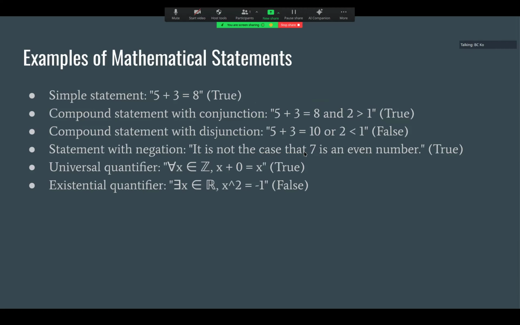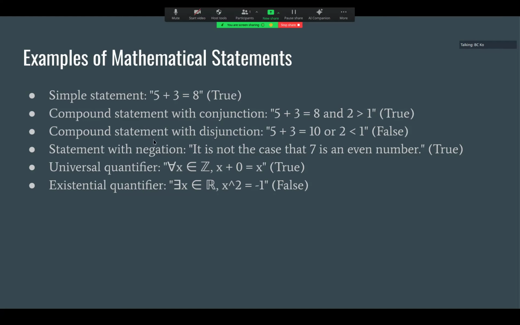So here are examples to help you solidify your understanding of mathematical statements. We have simple statements, which we went over. We went over compound statements, and we can create a compound statement with conjunction by using and, which has to be true if both parts are true.